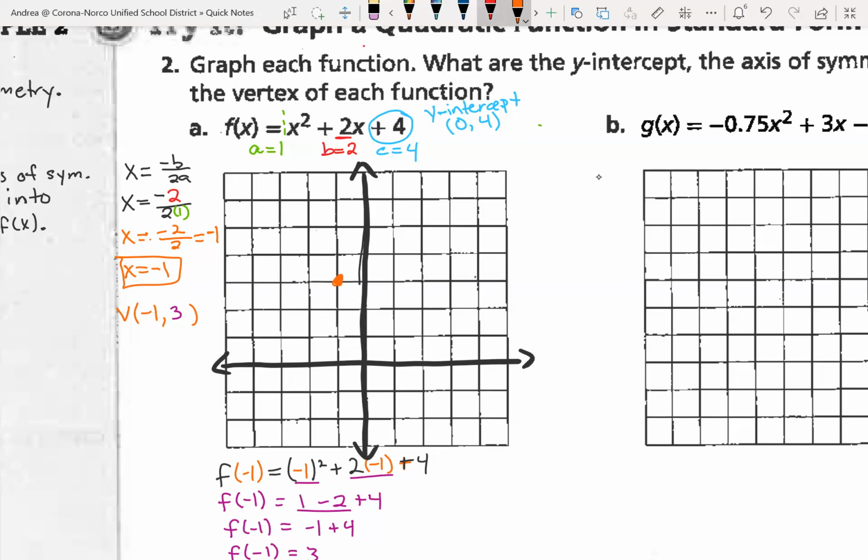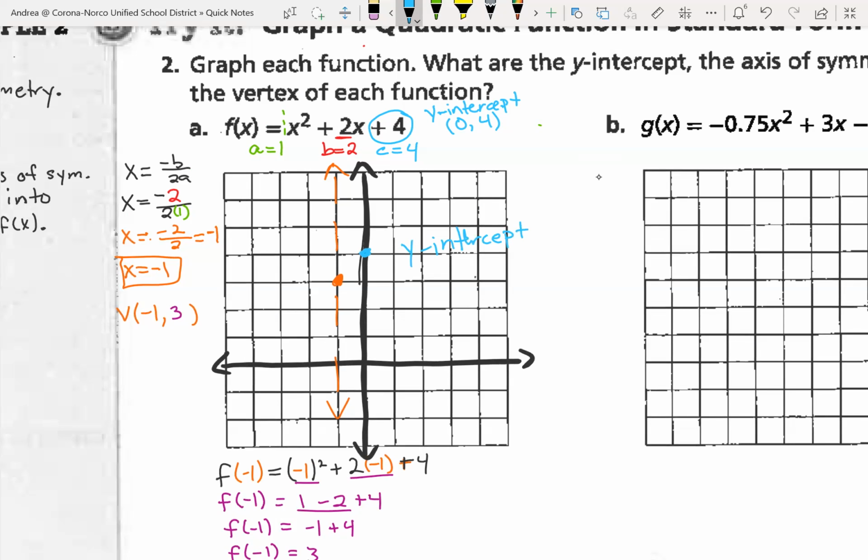Then I'm going to graph the axis of symmetry that goes right down the center of it. Then I'm going to graph my y-intercept at 0 for x and 4 for y. Okay, that's my y-intercept.